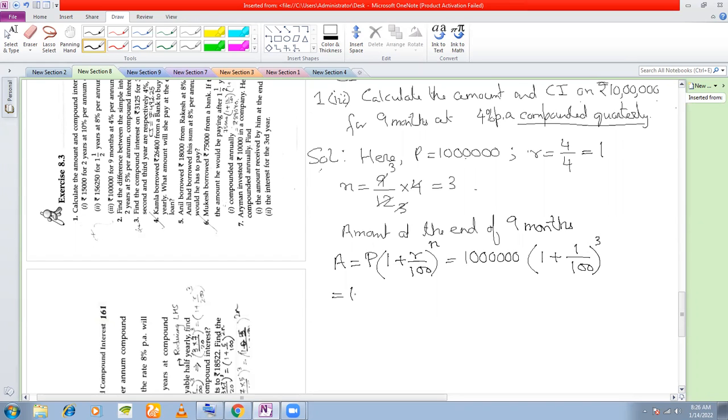So now take the LCM here. You get 101 by 100 cube.